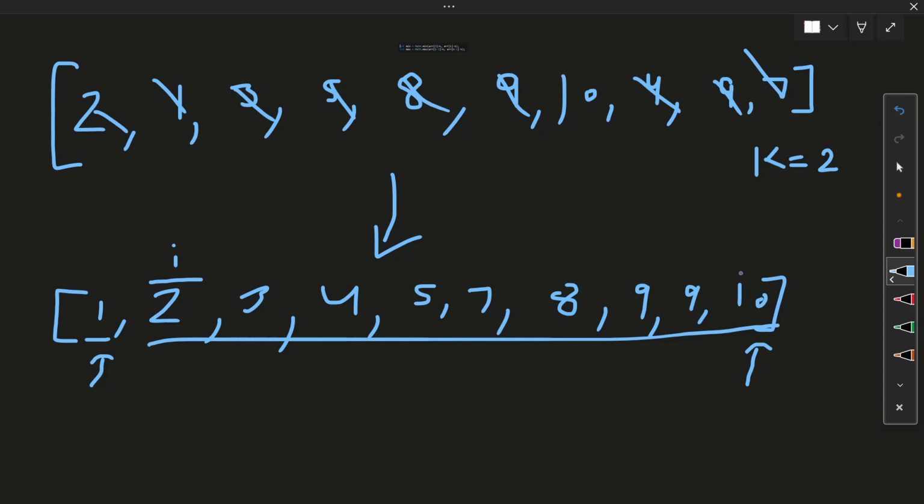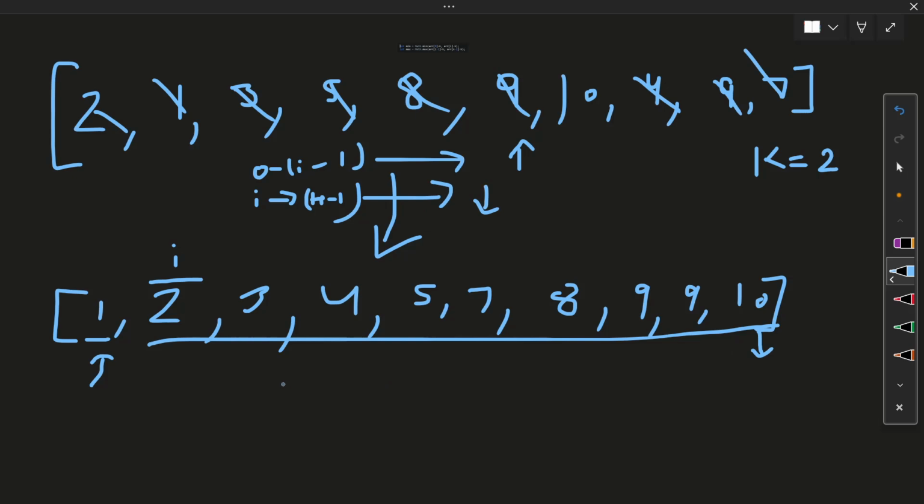Sorry, I made a mistake. From 0 to i minus 1 I will increment, and from i till n minus 1 we have to decrement all the values.